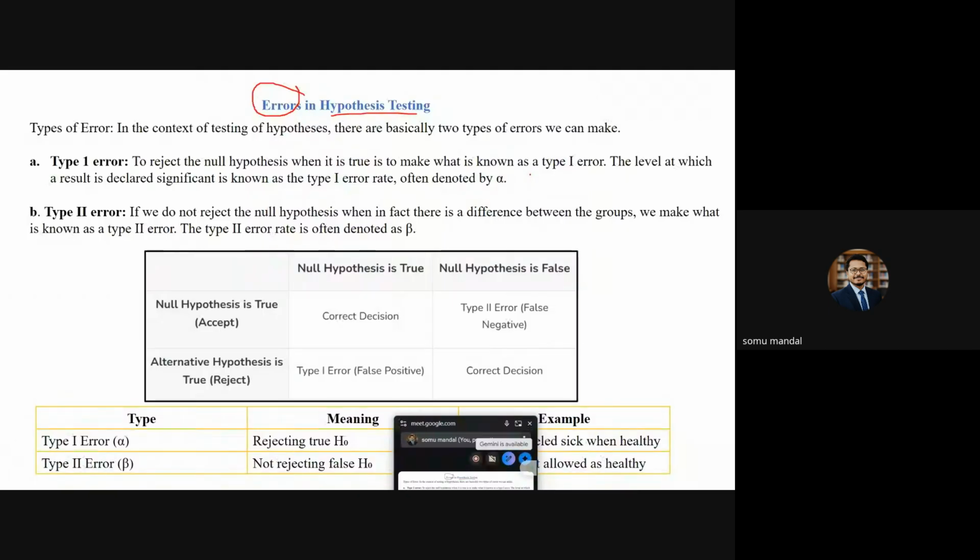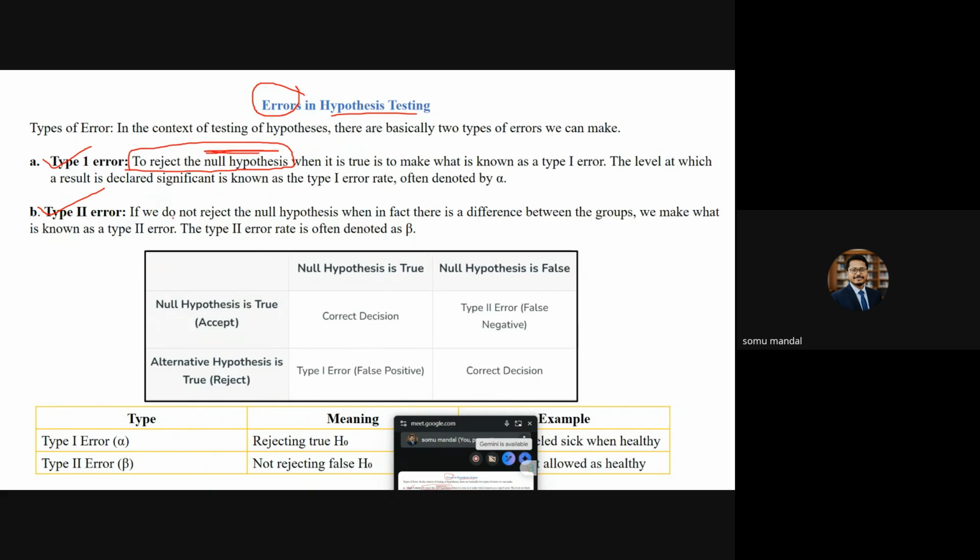That is the error. There are two kinds of error. One is a type 1 error, another is a type 2 error. Type 1 error means you reject the null hypothesis when it is actually true.